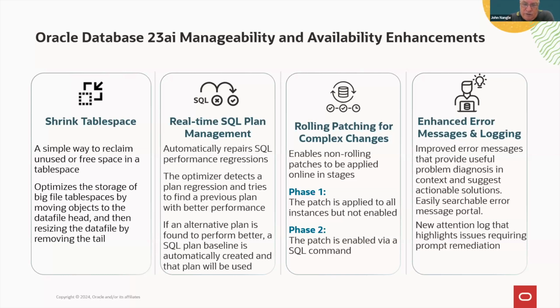We have things like real-time SQL plan management so that it will always give you the best execution plan and use machine learning algorithms underneath the covers to make sure that it's going to give you the best plans. And we've got better support for rolling patching of databases. So if you're in a RAC environment, there are many more patches and upgrades that you can do without having to incur downtime. And all of this is there to increase the manageability and availability enhancements in the database.